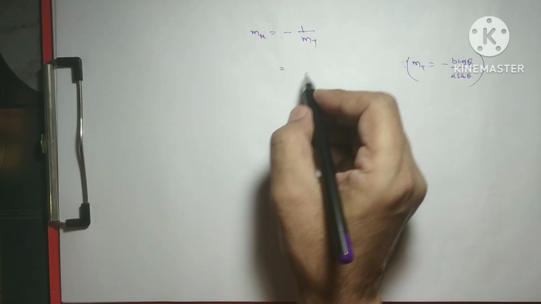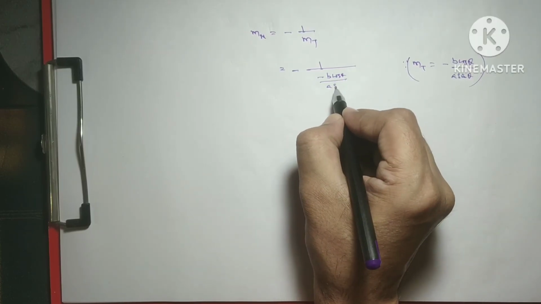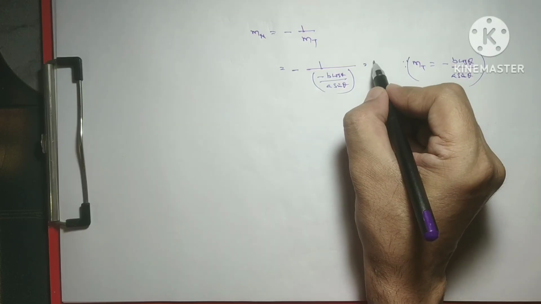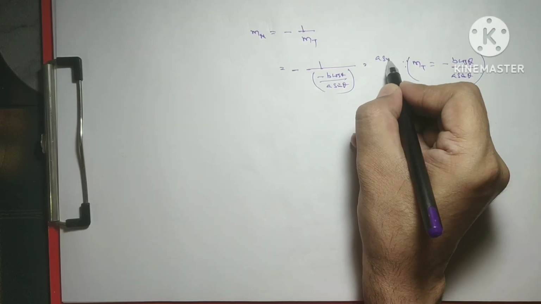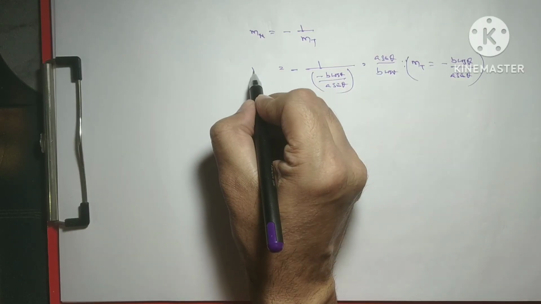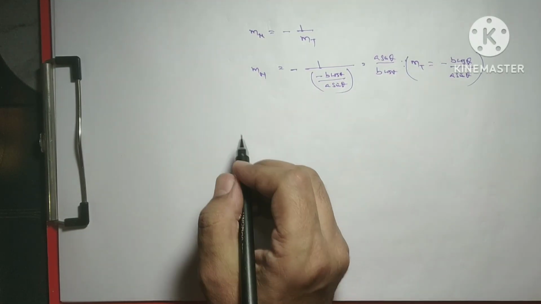So put this value, that becomes positive a sin theta over b cos theta. This is the slope of normal.